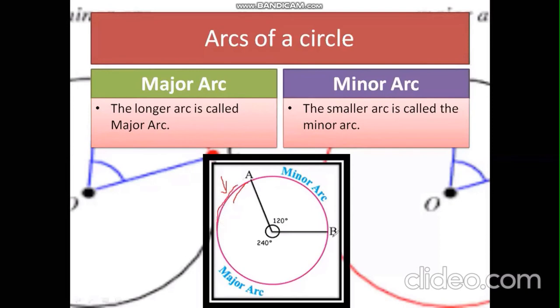Here is B and here is A. From A to B it goes like this. This part is called the major arc and the small one is called the minor arc. We may know that people below 18 are known as minors as they are small. Remember that which is small is minor, and which is big is major.